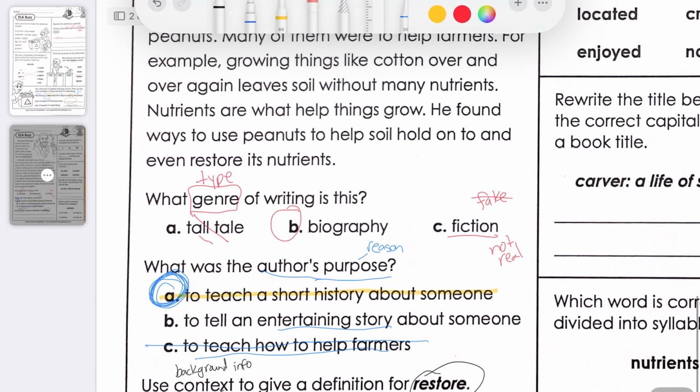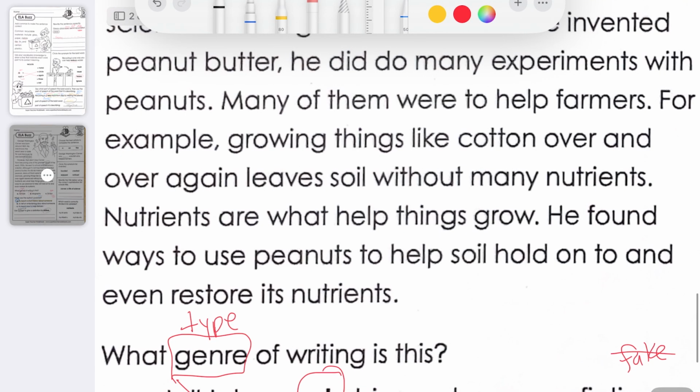So what we do is we go back into the text and we look for the word restore. And let's say you didn't have an iPad to go search up the word restore. How would you figure out what restore means? You can use context clues to look after and before the word to try and figure out what it might mean. So let's look at this again.